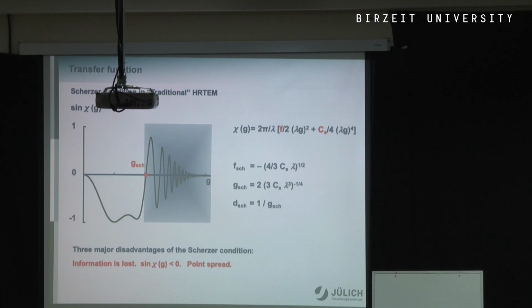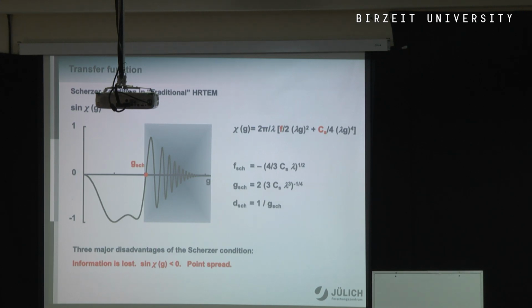Now, in electron microscopy, you have many orders of aberrations, but the 2 most significant ones are the defocus of the imaging lens, that's also referred to as an aberration, and the first order spherical aberration. The aberration function is described by the equation which is shown on the top right.